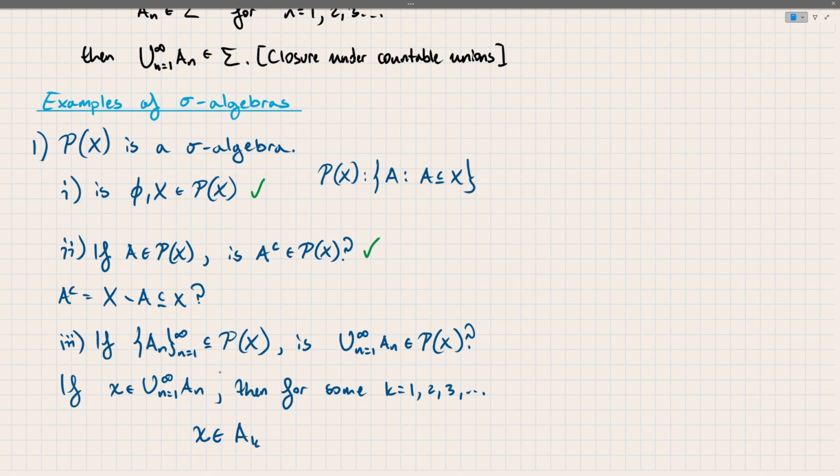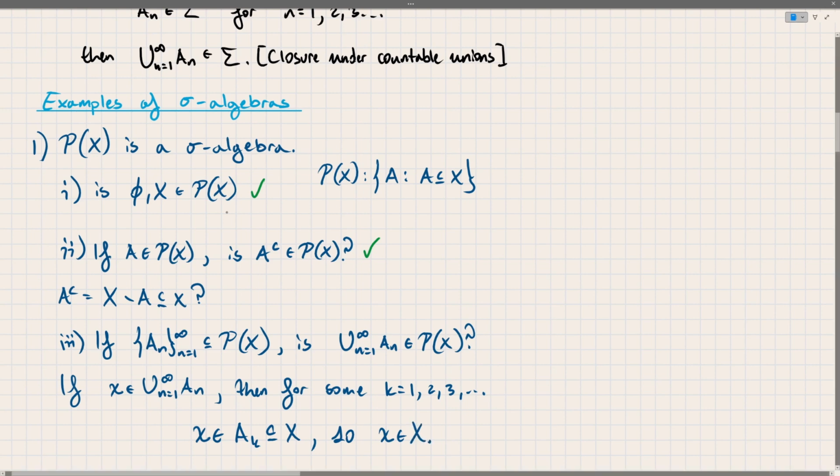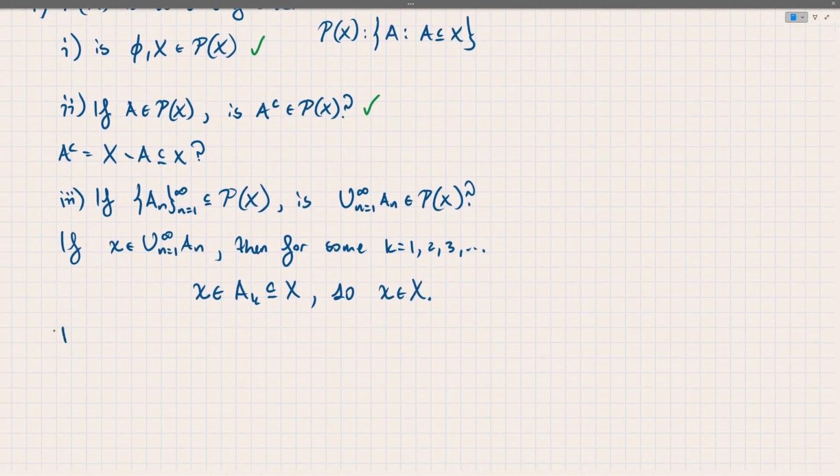But we said that this sequence lies in the power set, so every element of this sequence is a subset of X. So necessarily, Ak is a subset of X. So x is an element of X. Okay? So therefore, this union is a subset of X.